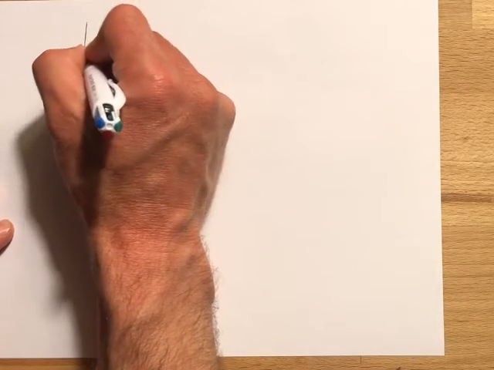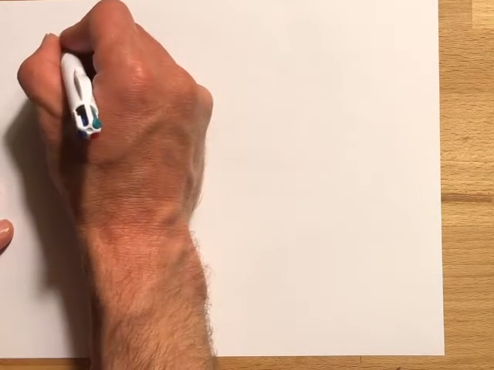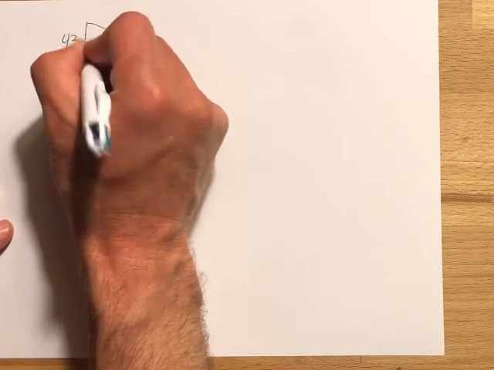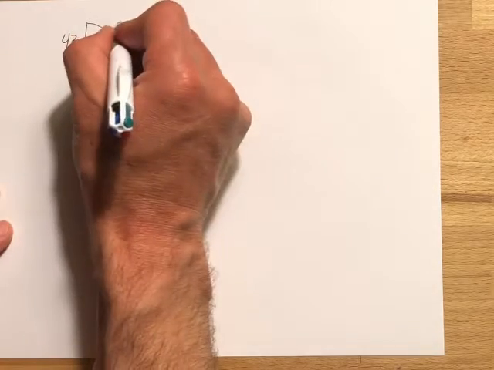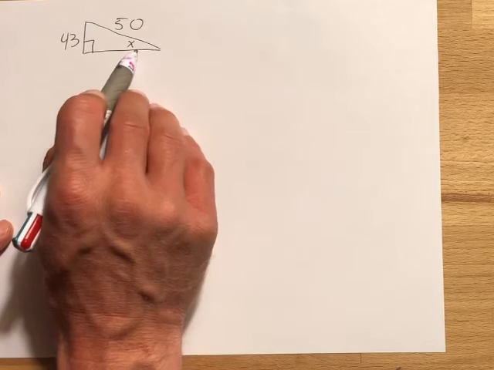Now, the next part of your notes, I talk about finding an angle, and I say whenever you are finding an angle, you do the inverse. So let's say this is 43, and this is 50, and you need to find this angle.